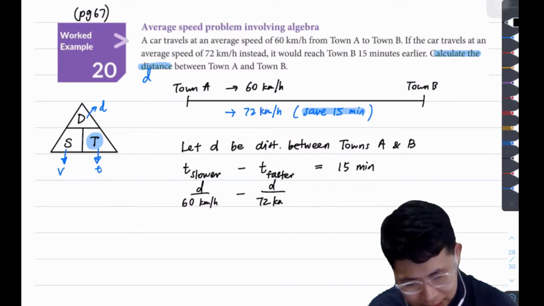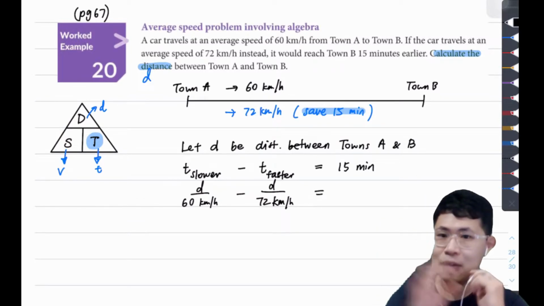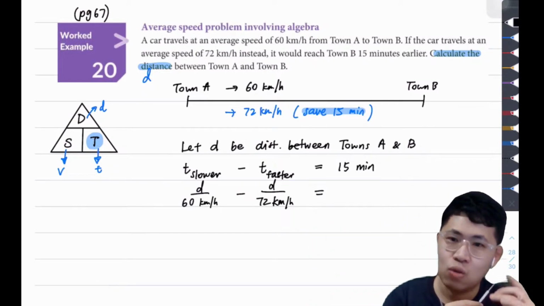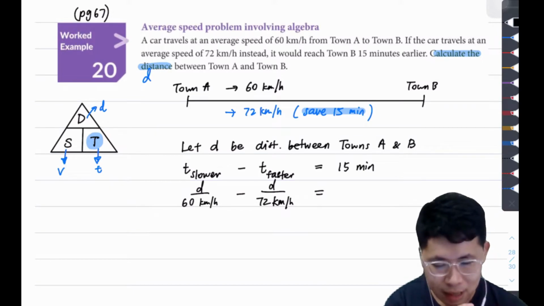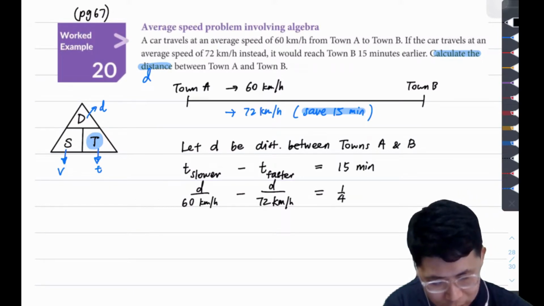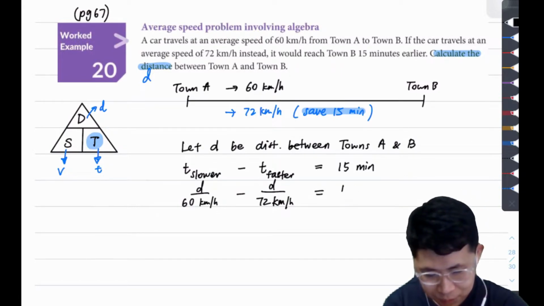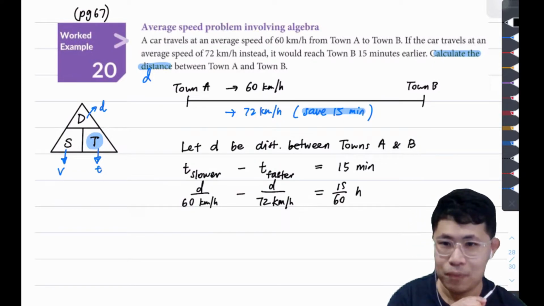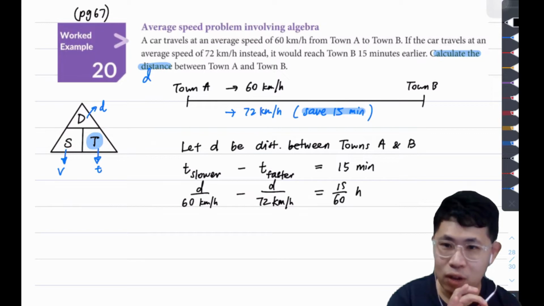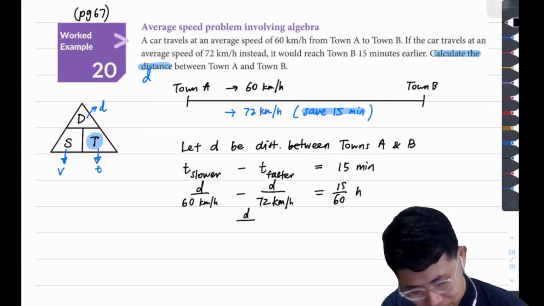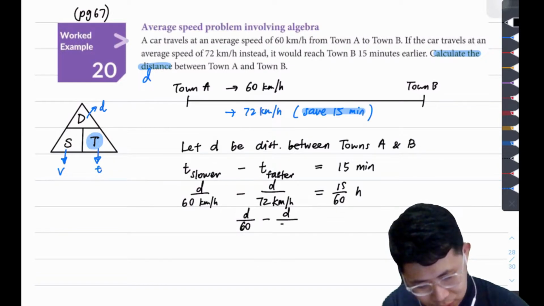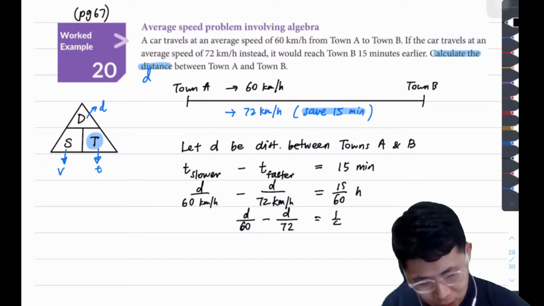This equals 15 minutes, but the speeds are in kilometers per hour, so let's change the minutes to hours to standardize. 15 minutes divided by 60 minutes to form 1 hour is a quarter hour. Let us write everything down without units: d over 60 minus d over 72 equals 1/4.